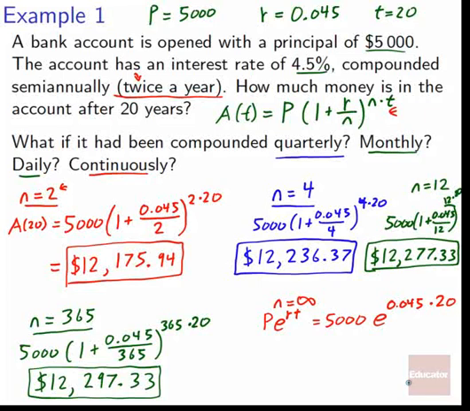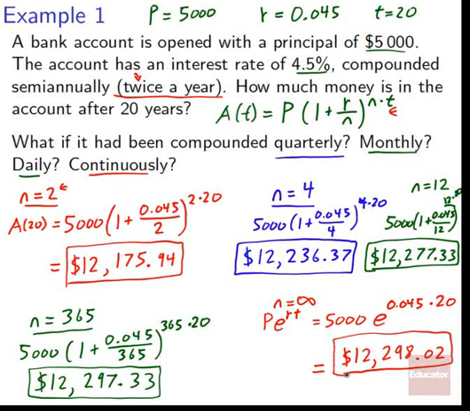There will be an e key on the calculator, so you don't have to worry about memorizing that number. We'd get $12,298.02.